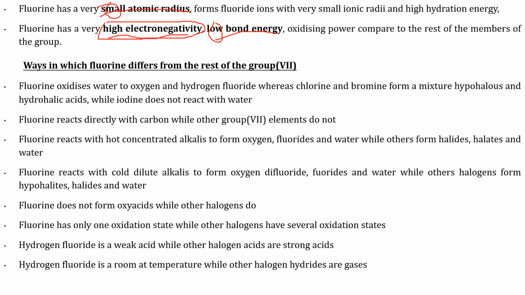Now proceeding to another heading. Another heading is about the properties. Now it can either be the properties or it can be ways in which fluorine differs from the rest of the group 7 elements. Now I want you to understand that for any properties or for any ways in inorganic chemistry, these are always reactions. We want you to describe a reaction in a statement.